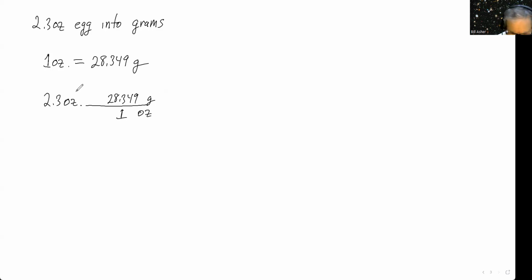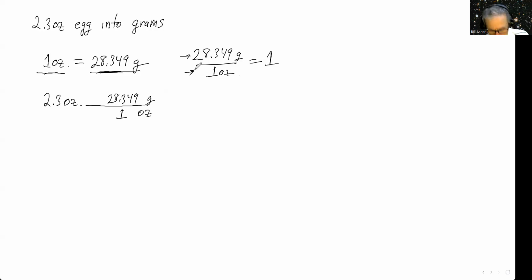And remember, this is just saying that whatever mass this is, it's identical to this. So if I divide 28.349 grams by 1 ounce, that's equal to unity, 1, because this is the same mass here or here, just expressed in different units. It would be absurd to say 28.349 over 1 is equal to 1.